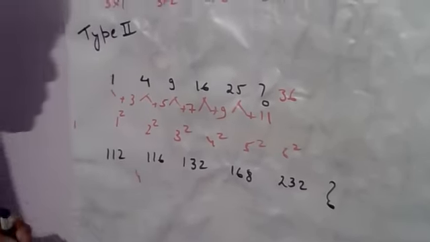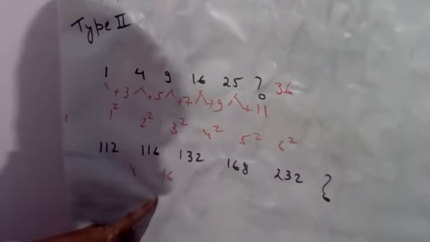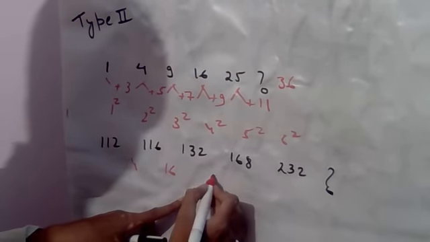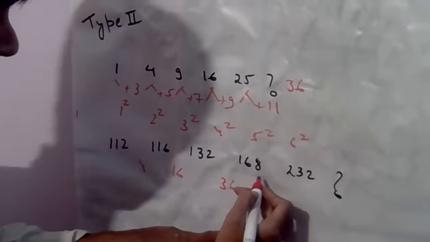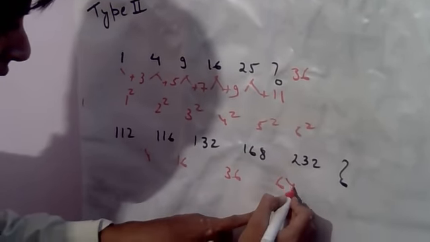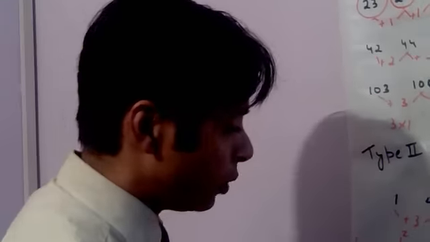Then we subtract 116 from 132 and we get 16. Then we subtract 132 from 168 and we get 36. Then we subtract 168 from 232, sorry, and we get 64. So friends, what is exactly going on over here?